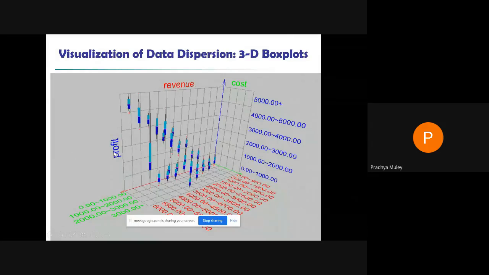So this side it is profit, this side revenue, this side cost, and the box plots are drawn. So there are various visual applications which are used to draw the box plots of the given data. These all are the box plots for the various ranges of the data.